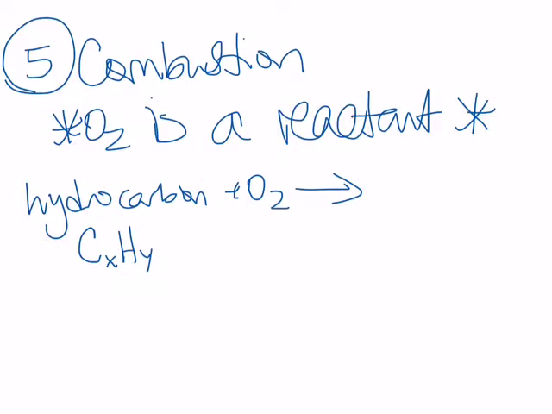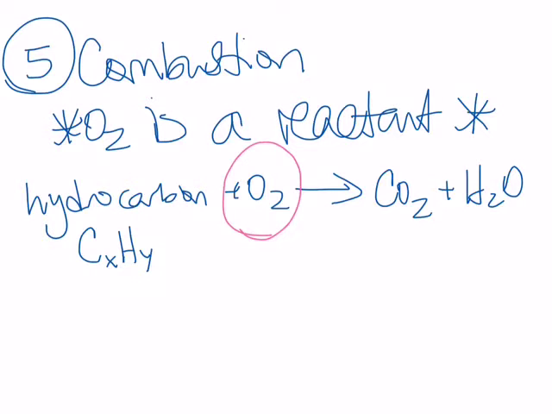And when you burn a hydrocarbon, when you react oxygen with a hydrocarbon, you're always going to get the same products. So it's pretty simple. You're always going to get CO2 and water. Always, always, always. But the key to indicate that it was combustion was the fact that you saw O2 on the left side of the arrow in the equation.